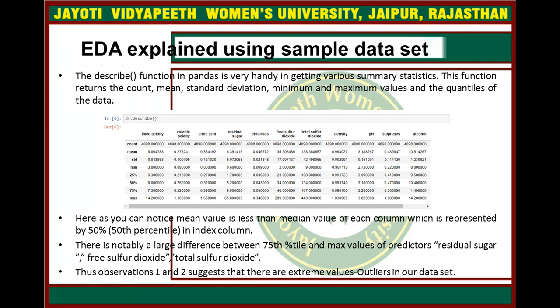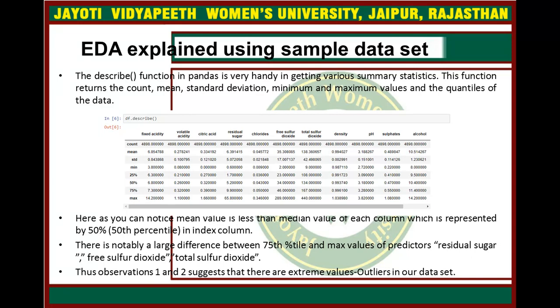The describe function in pandas is very handy in getting various summary statistics. Actually, it is totally based on statistics. A data scientist analyzes the complexity of the data which is stored in the database. So this is the basic role of the data scientist, as I told you in my previous videos.